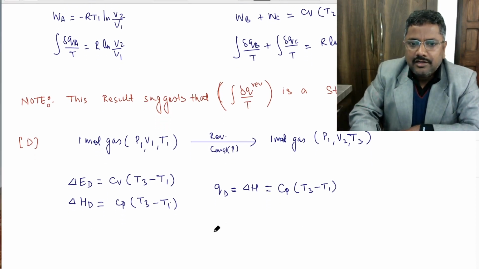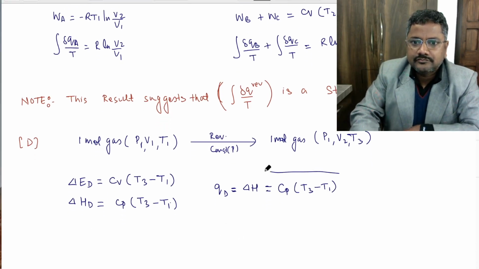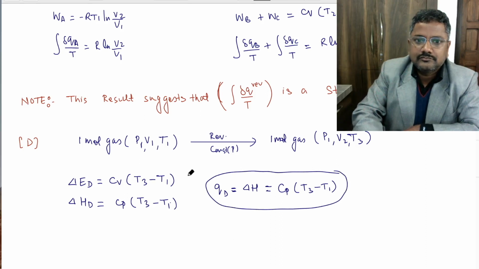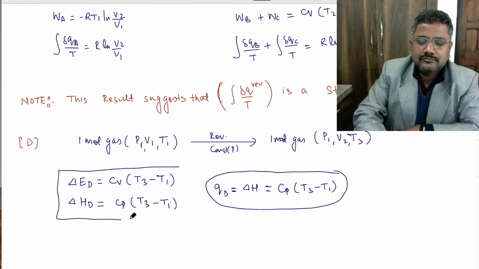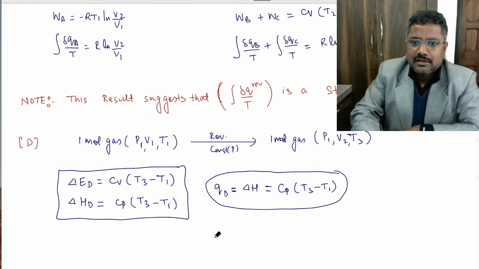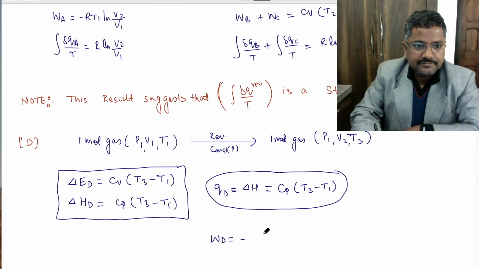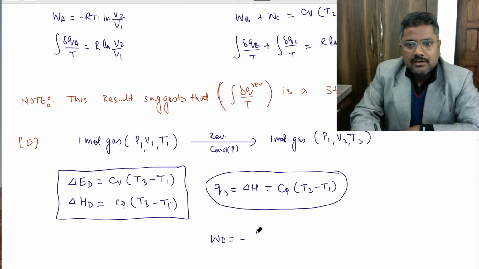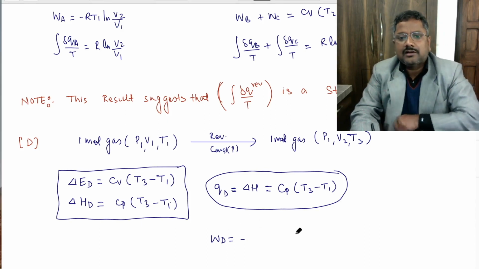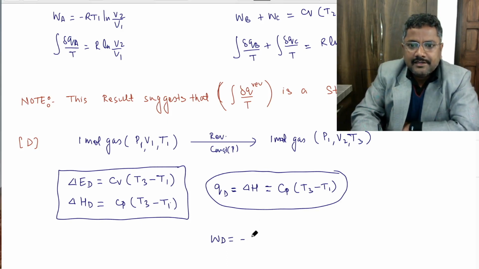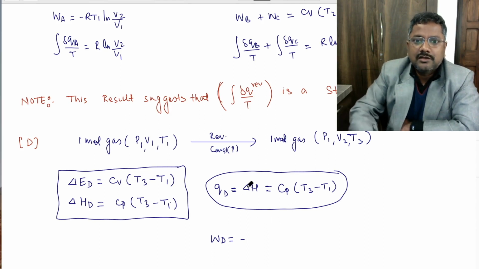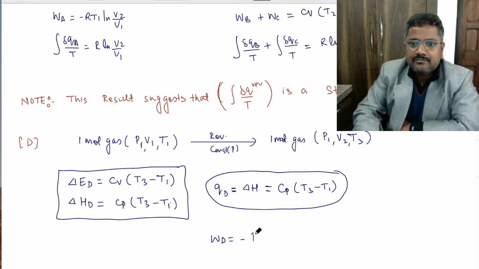And WD is equal to minus P1 (V2 minus V1), because this is a constant pressure.